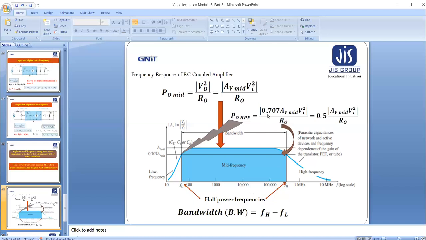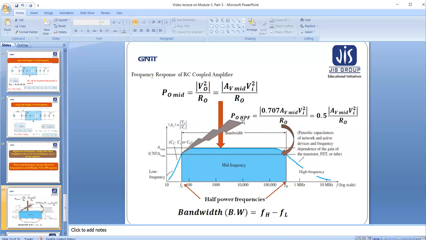That's why I have written 0.707 into AV mid into VI squared by R naught. This 0.707 squared becomes 0.5. Now if you look at this portion and this portion, they are the same. So we can say that P0 HPF equals 0.5 into P0 mid.